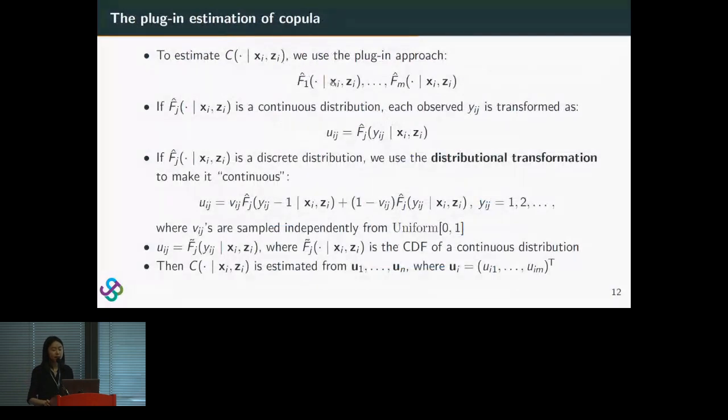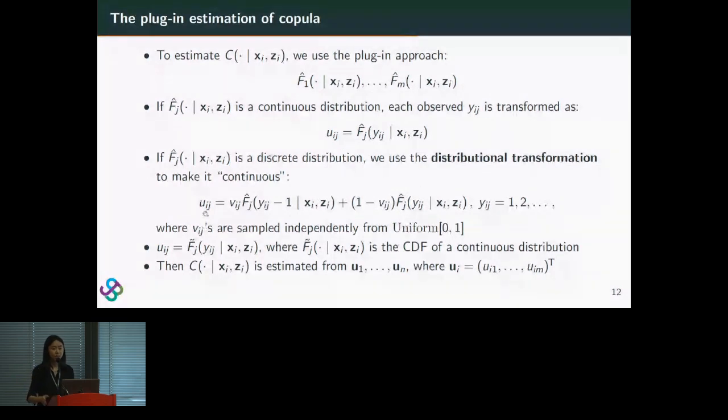Okay, so to estimate this copula, we use the plugin approach, which is a jargon in statistics. What it means is that we take the fitted marginal distributions for each feature j, and we transform each feature j's count in cell i into a uniform 0 to 1 random variable. To make this variable continuous, because the counts are discrete, right? If you just do the transformation, it will still be discrete. To make it continuous uniform 0 to 1, we apply the so-called distributional transformation, which is essentially an interpolation of two discrete values by doing this random interpolation to make it continuous.